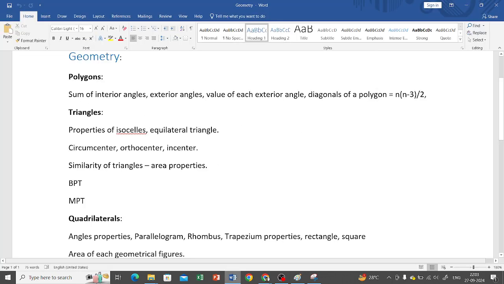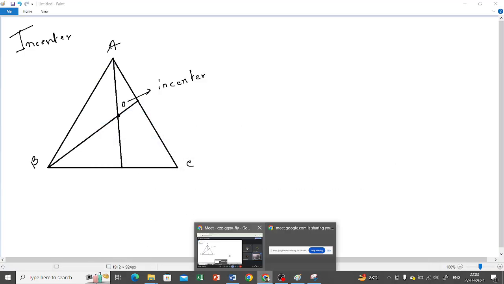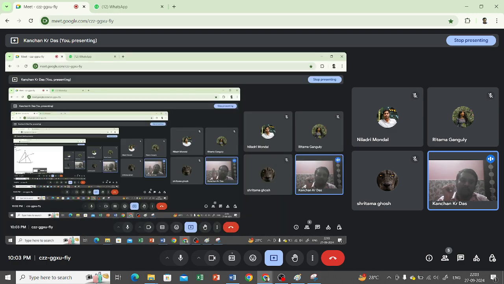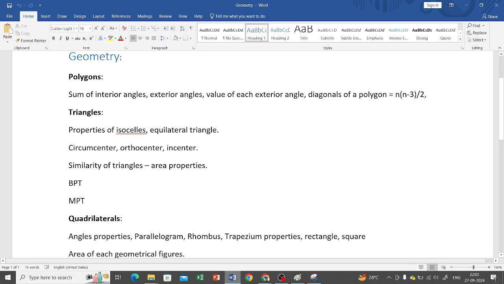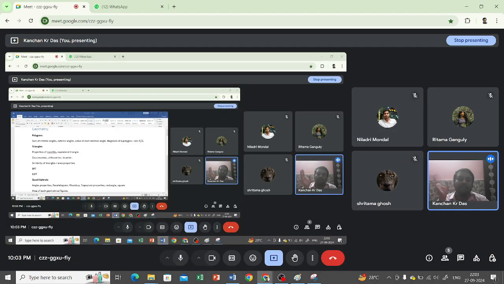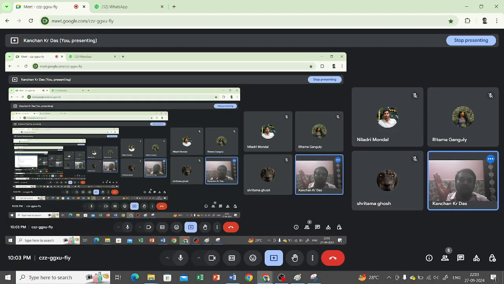Okay, now similarity of triangles. There are two types of theorems that we need to learn in triangles. One is congruency theorem and the other is similarity. Congruency is of no use because congruency is mainly to prove certain things in triangles. In CAT or in any competitive exams, you will not be asked to prove things. You will be asked to find certain parts of the triangle, or the ratio of some of the sides of the triangle, and for that you need similarity, not congruency.